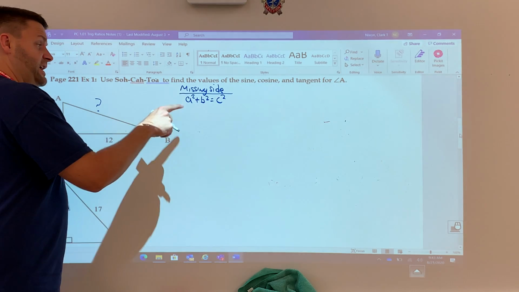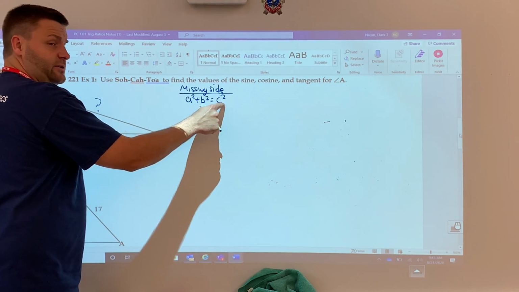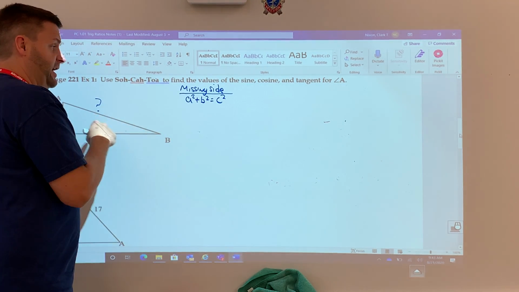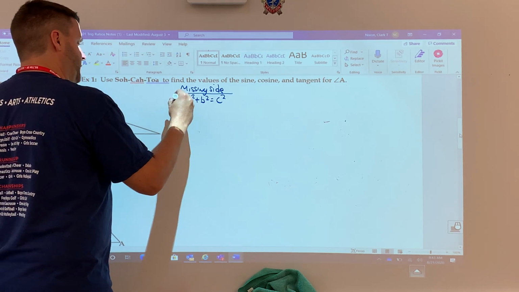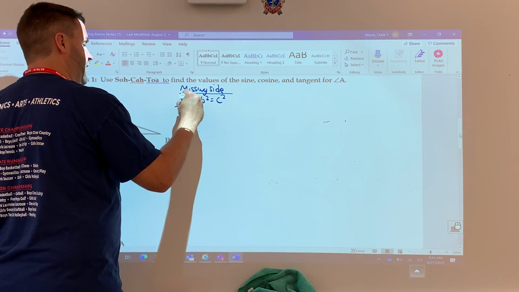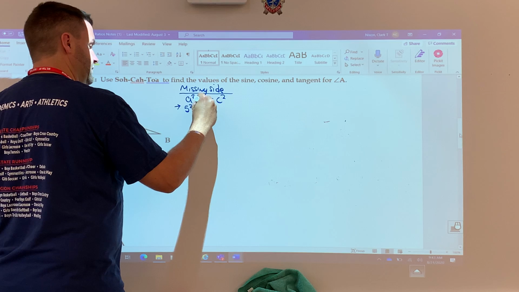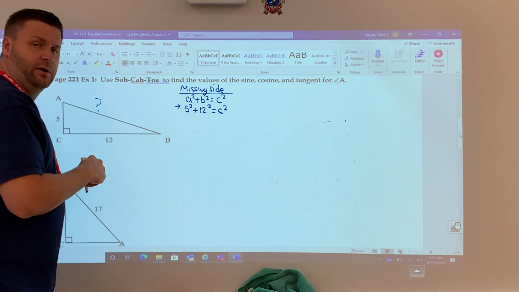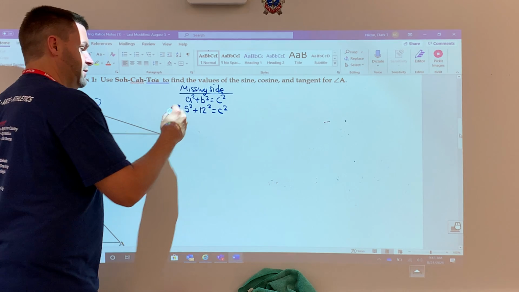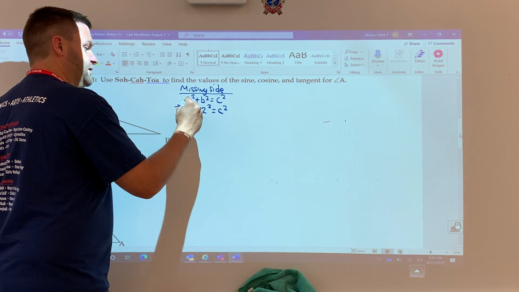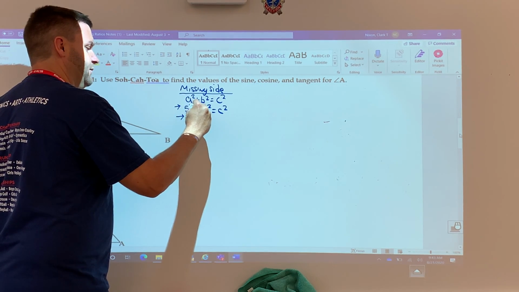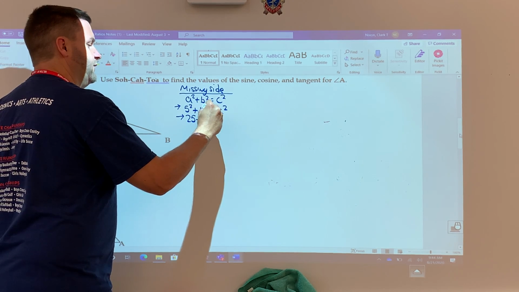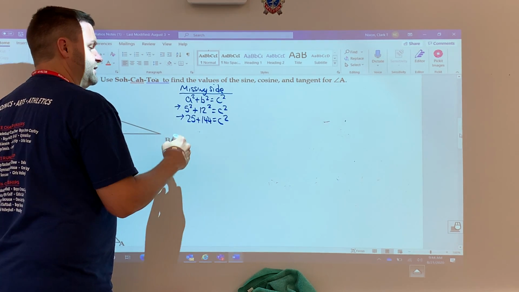Now, c squared is always going to be your hypotenuse. It's your largest side, okay? So when we're doing this problem here, we're going to get 5 squared plus 12 squared equals c squared, all right? Let's go ahead and simplify it. So 5 squared is 25, 12 squared is 144, equals c squared.